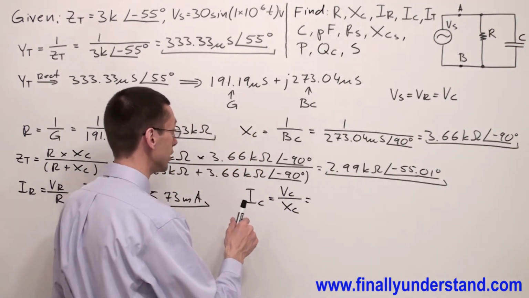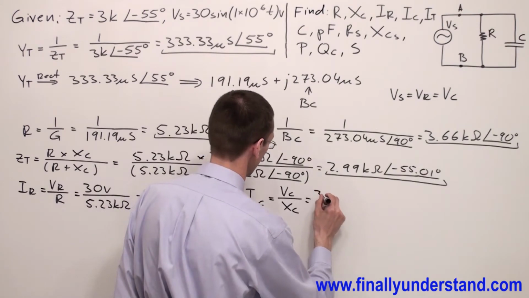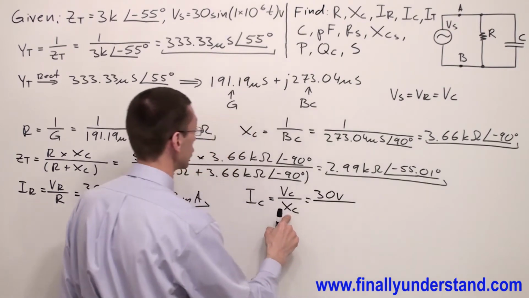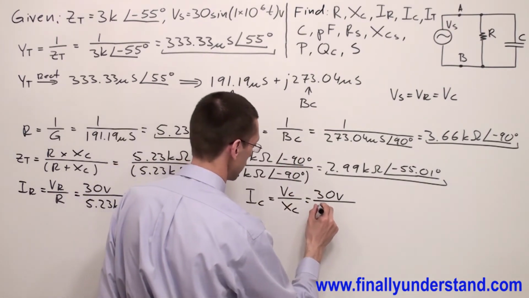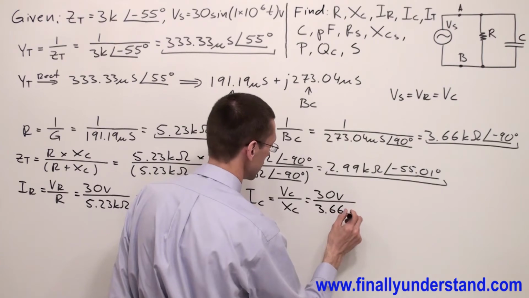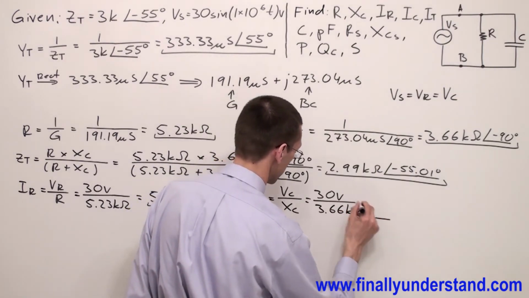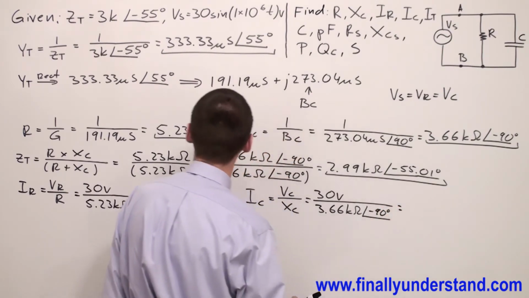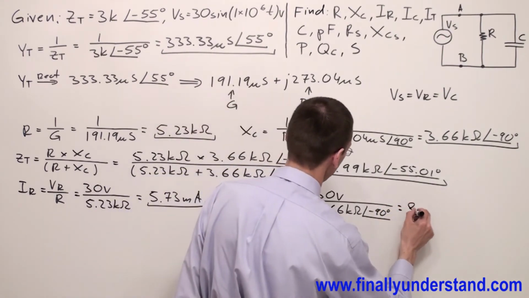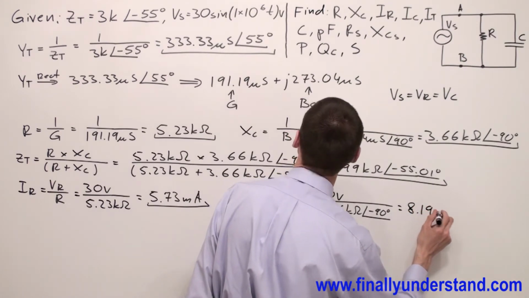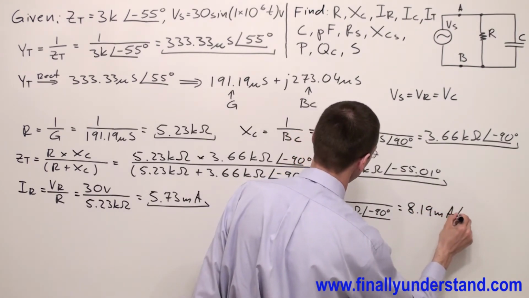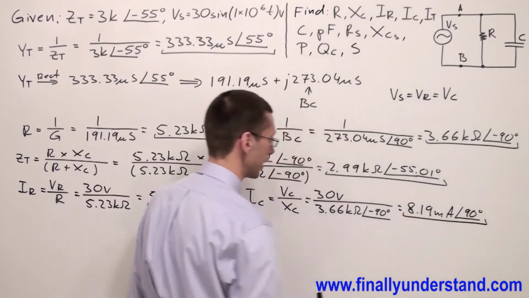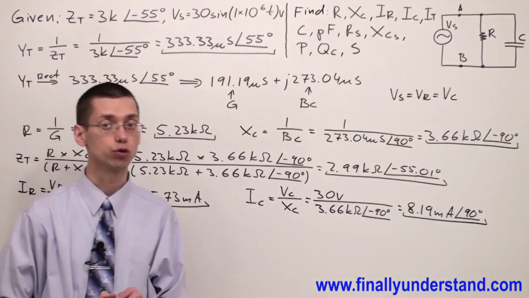So I have VC equals 30 volts divided by XC, and we found XC is equal to 3.66 kilohms and angle of negative 90 degrees. This is equal to 8.19 milliamps and angle of 90 degrees. Okay, so this is my current which goes through the capacitor.